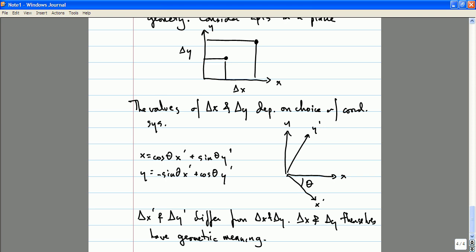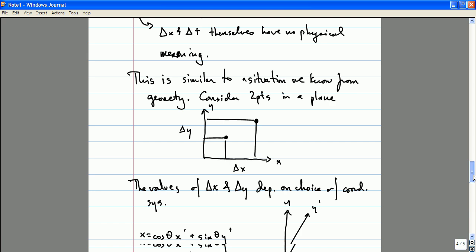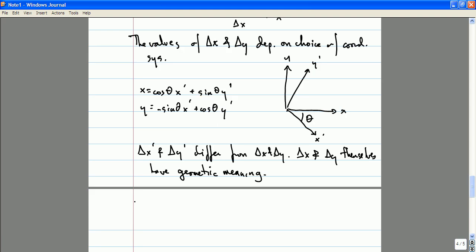So what is the quantity which has geometric meaning? Well, the quantity that has geometric meaning is the distance between the 2 points. And how is that determined?